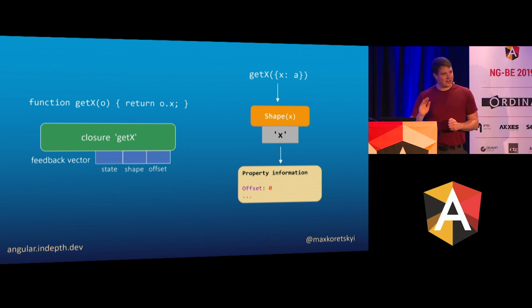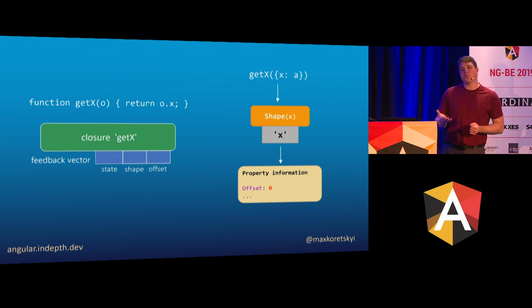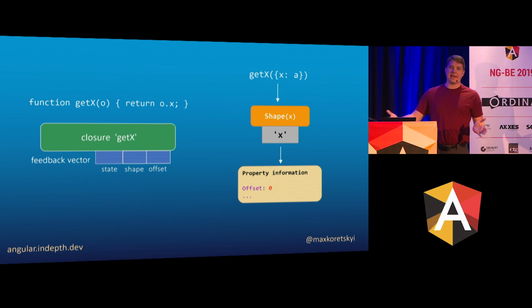I actually forgot the name of the method. Do you guys remember that? Where you can declare getters, setters. Yeah, define property metadata, exactly. So this is where it puts all this information on this shape object. But most importantly, it describes the layout of the object, which properties it has, and the order of these properties.